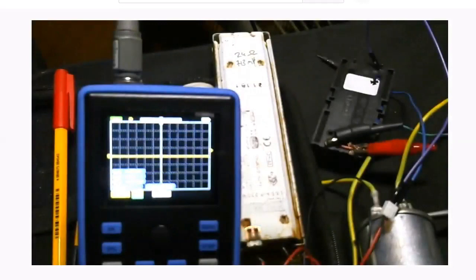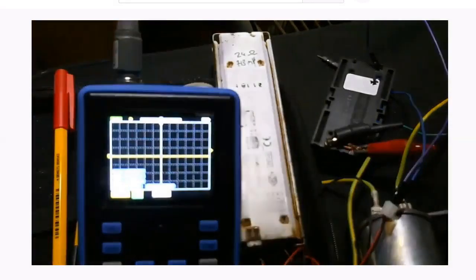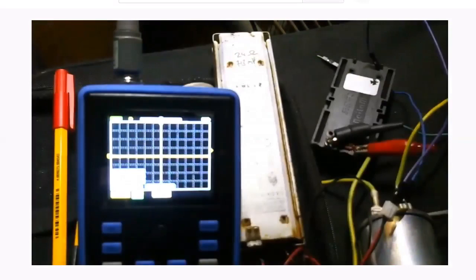So the setup is the same. The voltage you can see is 0.